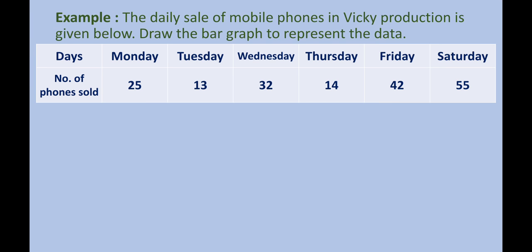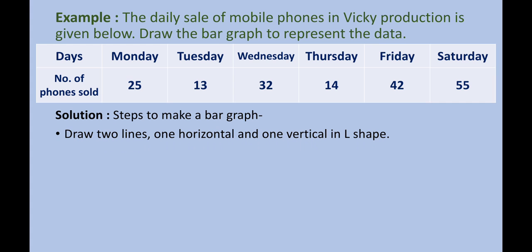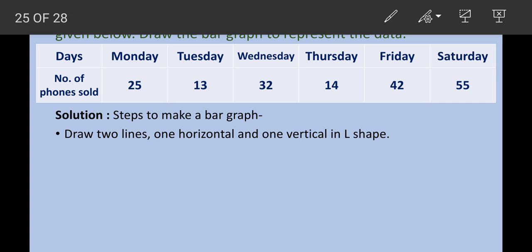Same as the pictograph, the only difference is we have to make a bar for all this data. For that there are some steps we have to follow. So here is the solution. The steps are: first we have to draw two lines, one horizontal and one vertical, in the shape of L, as we discussed previously.